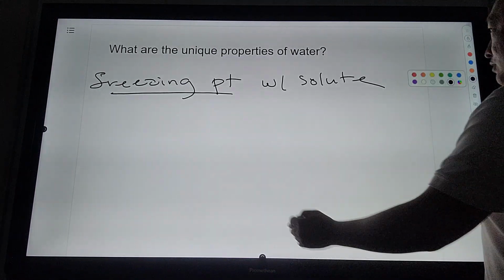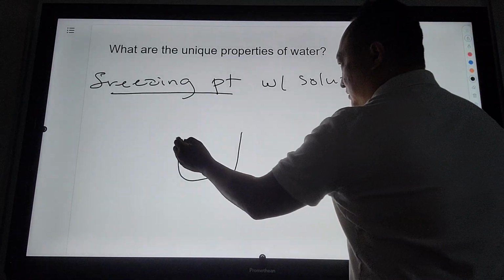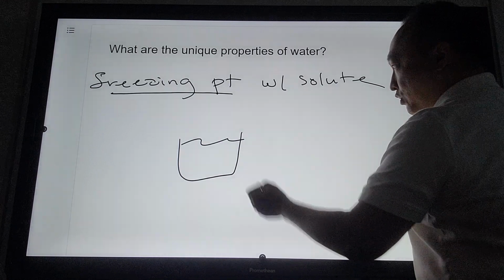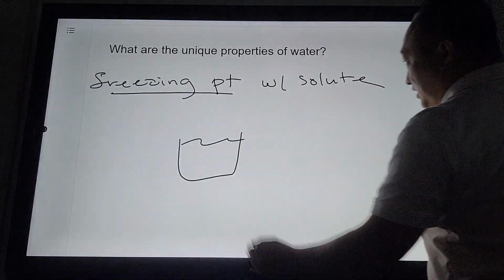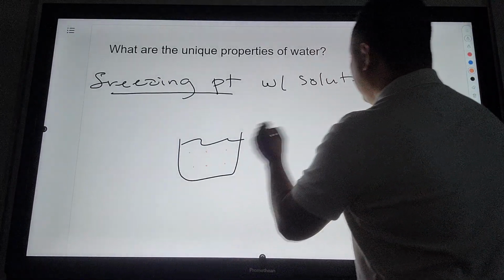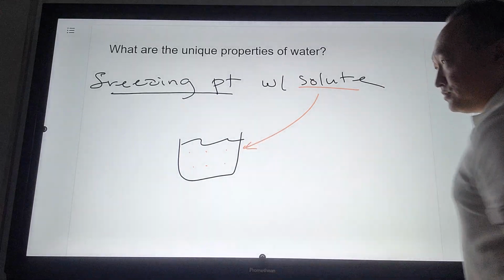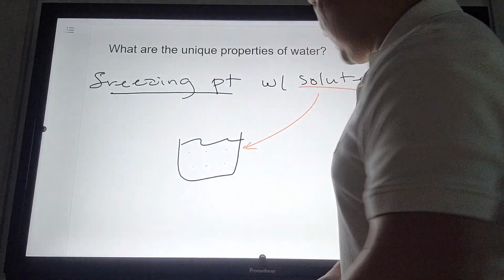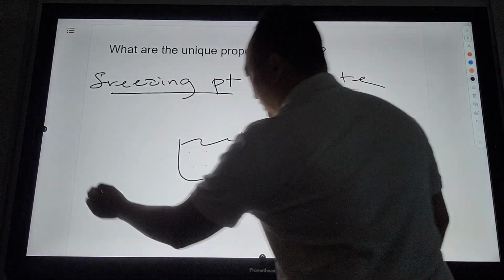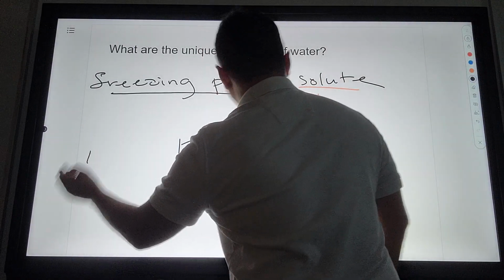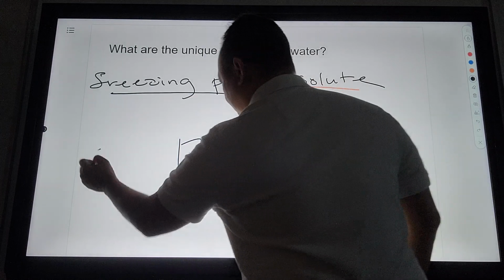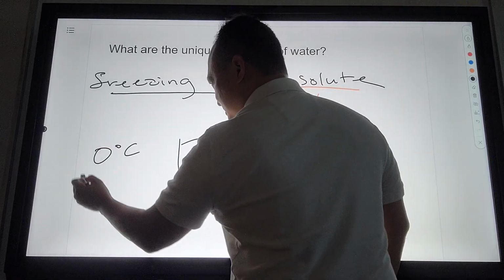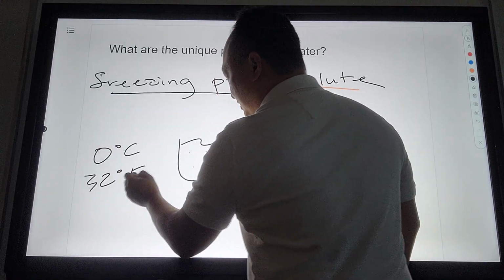In any case, let's just take a cup of water, and you dissolve solute. So solute particles are always going to lower the freezing point. The standard freezing point of water is 0 degrees Celsius or 32 degrees Fahrenheit.